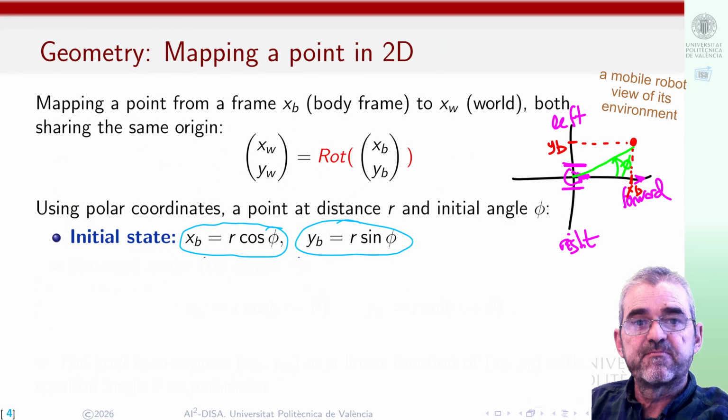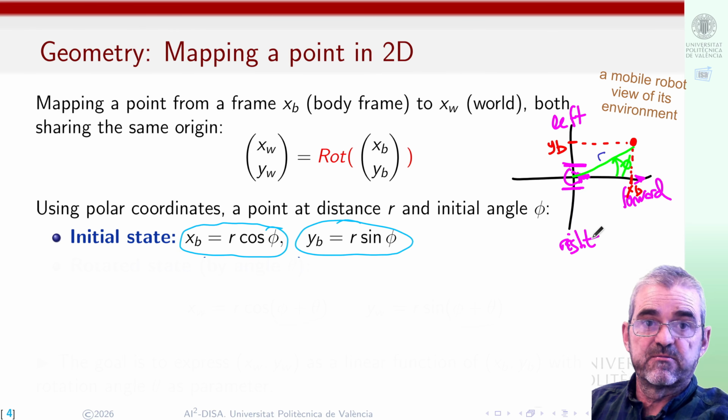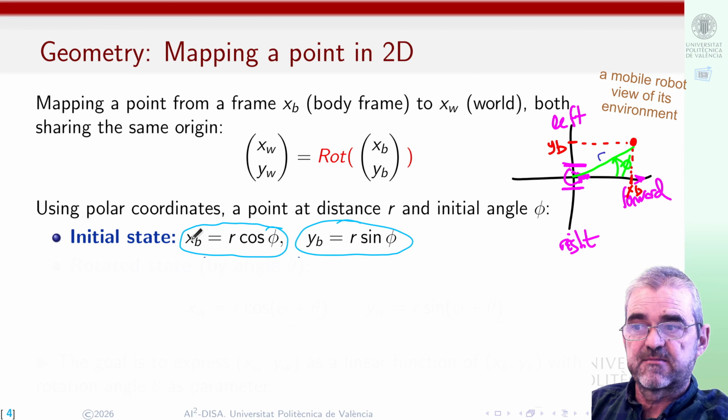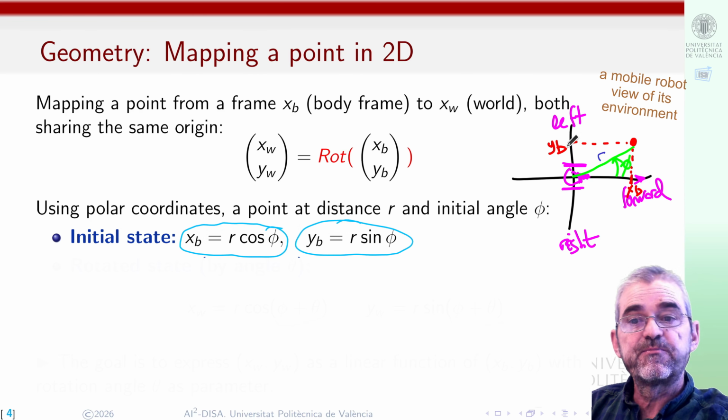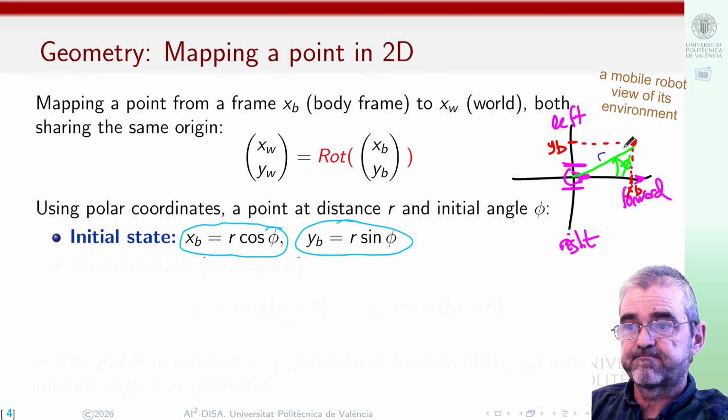The robot lives in a world with a forward, backward axis that we will call x in body frame, and a leftwards, rightwards axis that we will call y in body frame. What the robot senses, distance r and angle phi, can be equivalently written as coordinate x body frame, coordinate y body frame of this red dot that my sensing hardware is detecting.